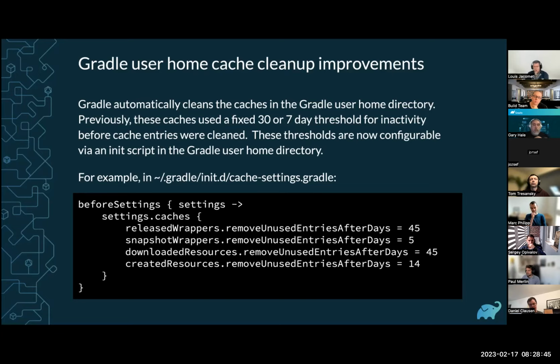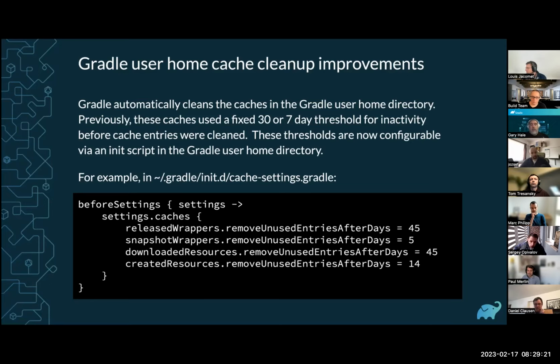At cleanup time, we look at those and also remove any caches associated with that particular version of Gradle. So if a particular released version of Gradle has not been used in 30 days or more, then it becomes eligible for cleanup, as well as any version-specific caches associated with it. Released wrappers corresponds to the threshold for anything that's a released version. Snapshot wrappers corresponds to the threshold for anything that is a snapshot version.